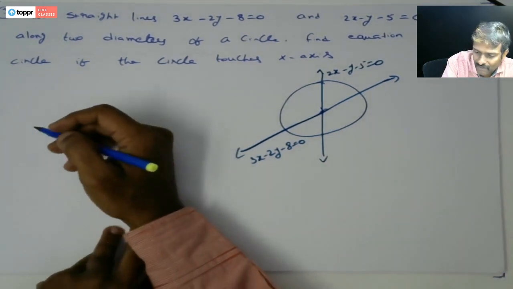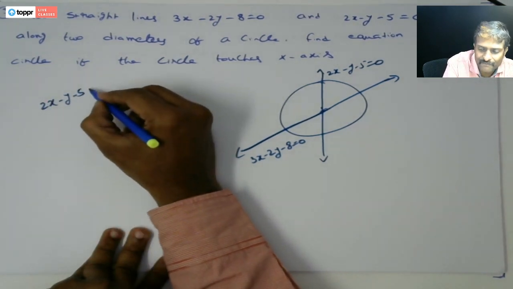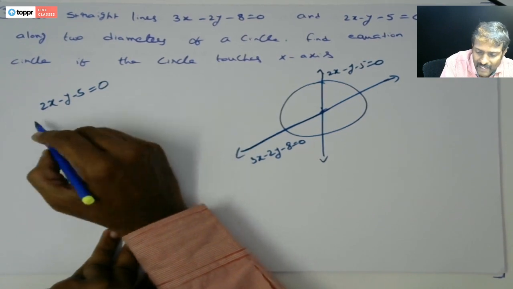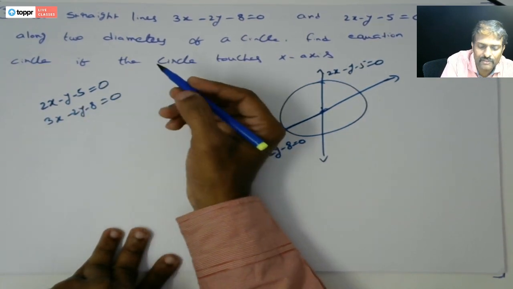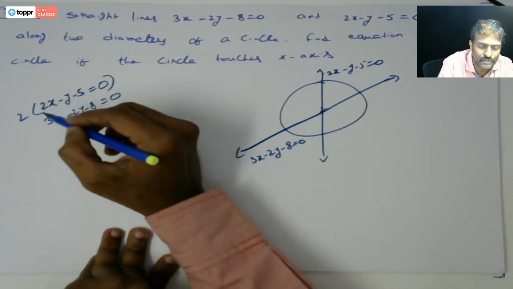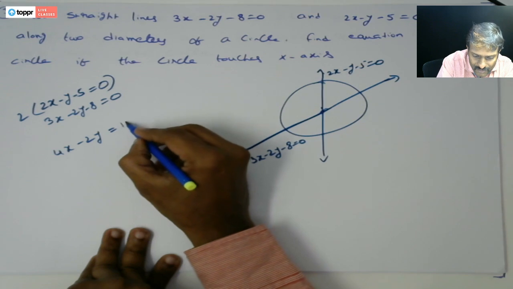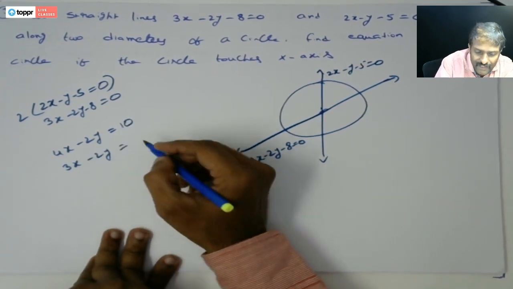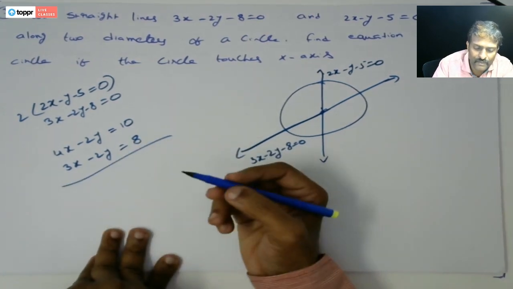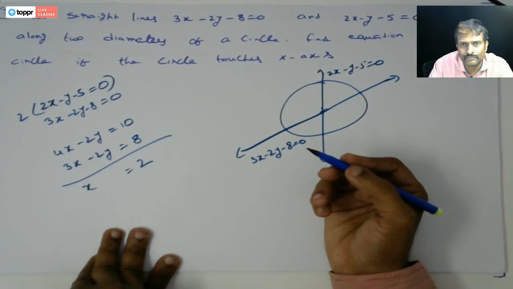So let us quickly find the center first. 2x minus y minus 5 equals 0, and 3x minus 2y minus 8 equals 0. Let us multiply the first with 2, then we get 4x minus 2y equals 10, and 3x minus 2y equals 8. On solving this, we get x equals 2, right?